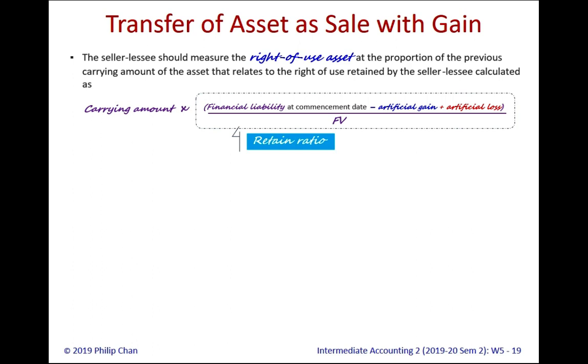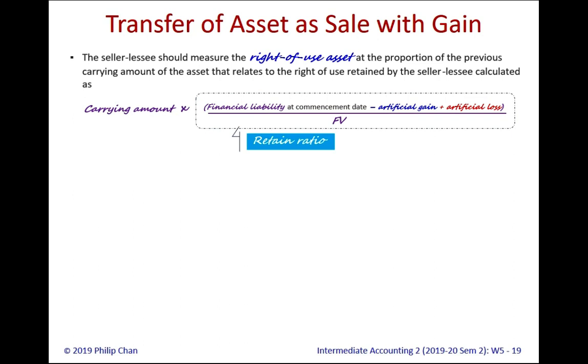It is supposed to be sold at fair value, or above fair value, or lower than fair value. And then you lease it back based on all the rentals, assuming that they are based on market rental, and then you discount them back to T0.